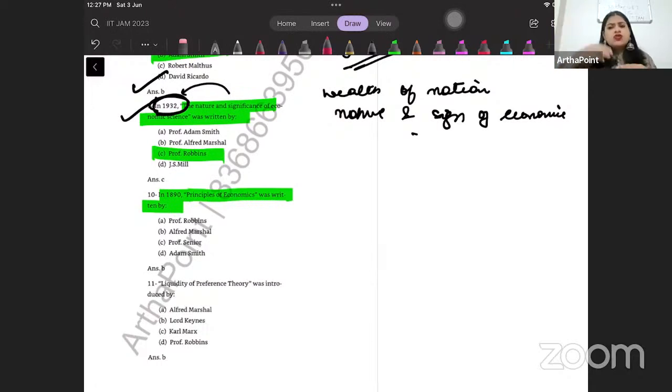They are introduced by some physicist, by some other person, but in economics, it was popularized by Marshall. बेशक ही किसी और ने क्यों ना इंट्रोड्यूस किया हो, but economics में उसको मार्शल लेके आया, right? So we will always link it to Marshall. So the answer to this question is B, which is Alfred Marshall. Principles of Economics was written by Marshall.